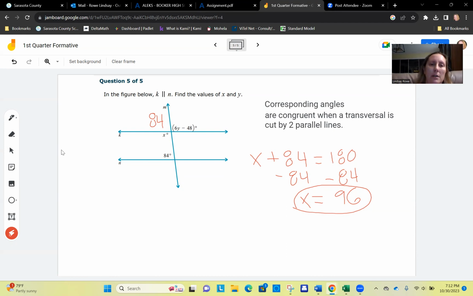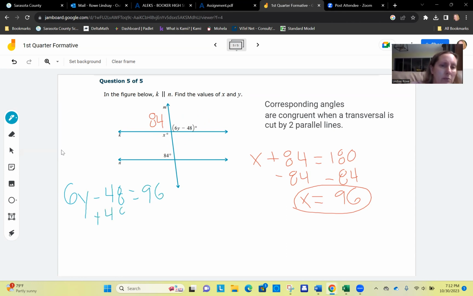Okay, we could either say that these two form a linear pair and add this expression plus 84 equals 180, or we could do it like this, where we already know what x is equal to. That's equal to 96, right? So I'm going to do that in blue. So I'm just going to set 6y minus 48 equal to 96, because it's going to be a little bit shorter, okay? Doesn't mean it's the right way. It's just the way that I chose to do it right now.